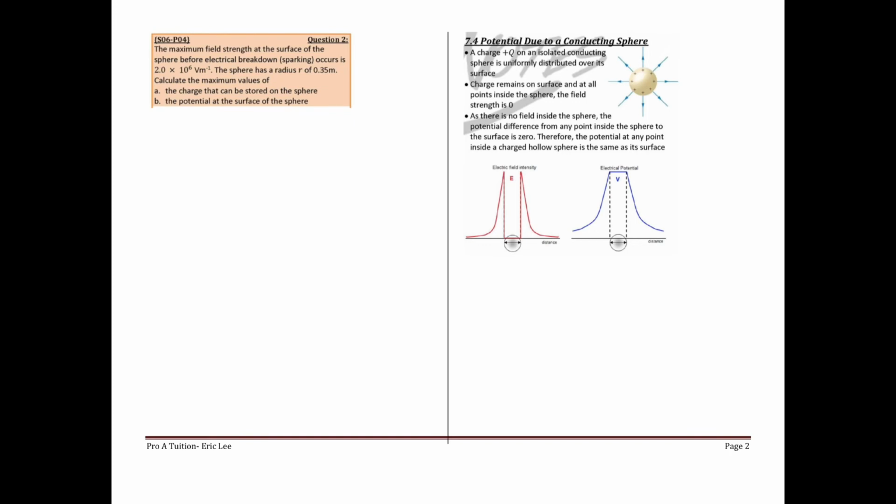Okay, so why? We need to know why there is no electric field strength, and how to answer this. So I put it at the side here. Reason: because they said charge remains on surface.